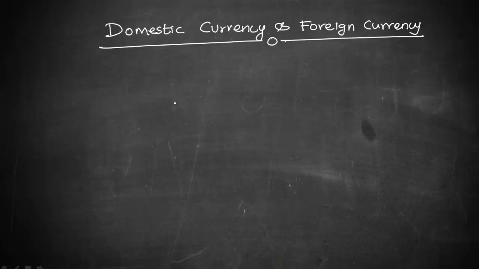When we talk about international finance, we should know what domestic currency is and what foreign currency is. What is the actual difference between domestic currency and foreign currency? For this purpose, let us assume I operate from India, and India's home currency is nothing but rupees.